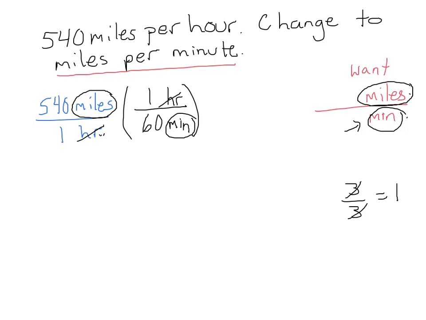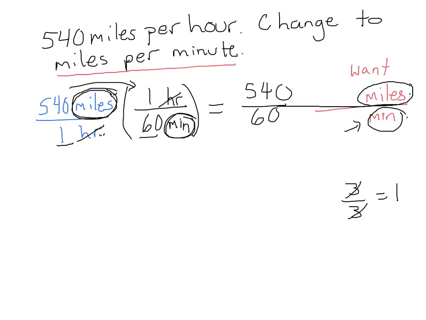So that's all we have to do. Take 540 and multiply by 1, the answer is 540. Take 1 and multiply by 60, the answer is 60. And this is already set up for us in miles per minute. So we're already there at our final answer.